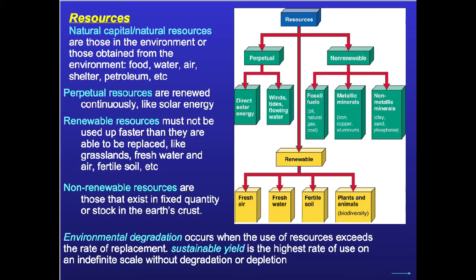Some examples are fresh water, fresh air, fertile soil, plants and animals. If you remove or deplete these resources, it's known as environmental degradation, where you degrade the area from what it used to be.